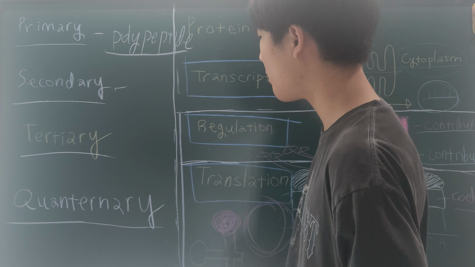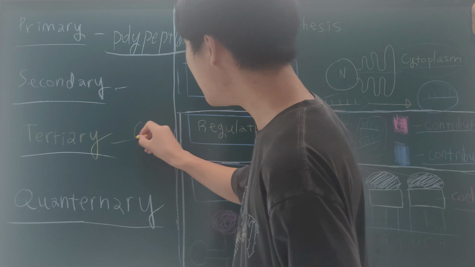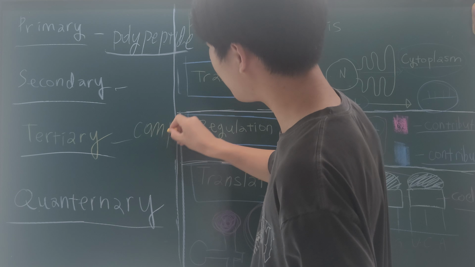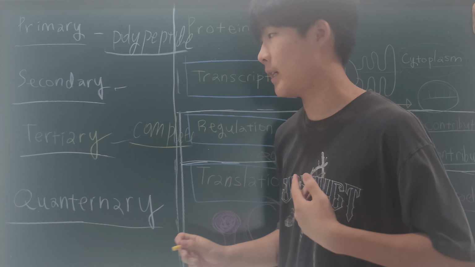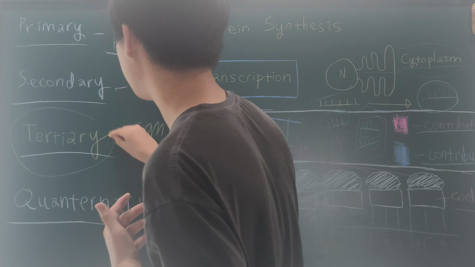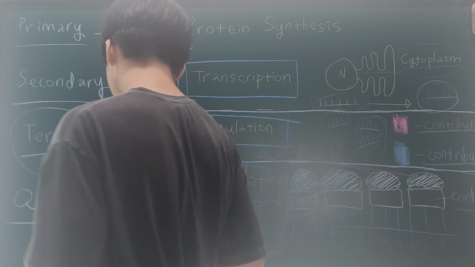And this tertiary phase is the complete state of the protein. Almost all of the proteins in our body are in a tertiary state. And the quaternary.